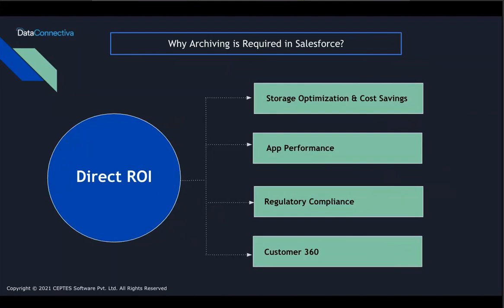So how are you going to help your end user by giving them better performance in your application itself? That is where it comes into play, so that you don't have to keep all the data within Salesforce, which affects your performance. Instead, you archive the data and reduce the storage so that your system performance is also taken care of. And the third point is regulatory compliance.